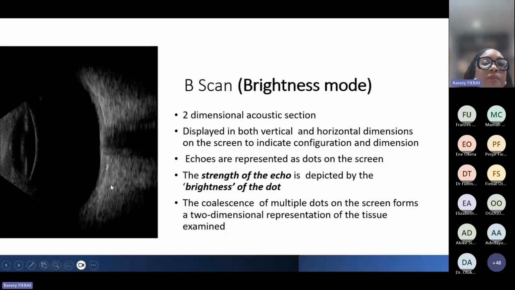dots here. So for structures that are very reflective, you refer to them as hyperechoic, because the brightness of the dots from it is very bright, and it means that the strength from that echo is very strong. So when you have multiple dots coalesce, it gives you the two-dimensional structure that you see in B-scan.